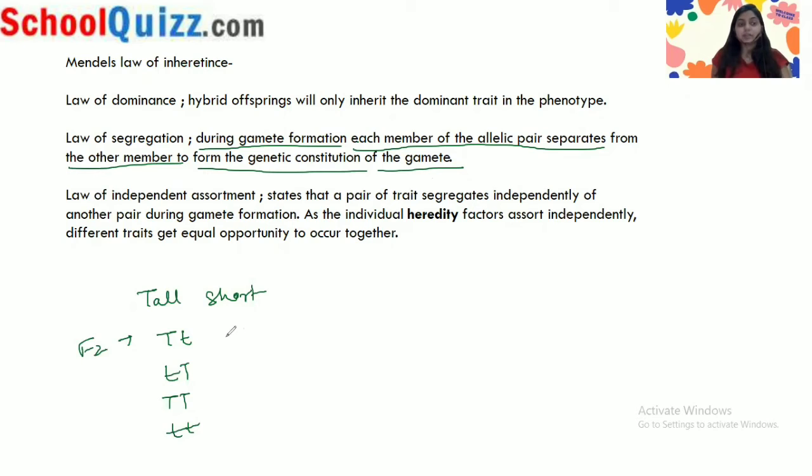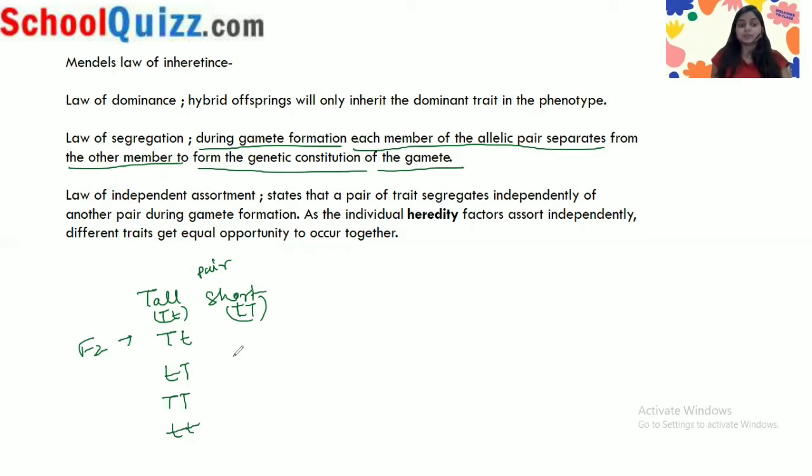I think this is clear for you, that each member of the alike pair separates from the other member. So here T and T, T and t, and t and t. Each member of the gamete pair, there are two members; genes work in pairs.